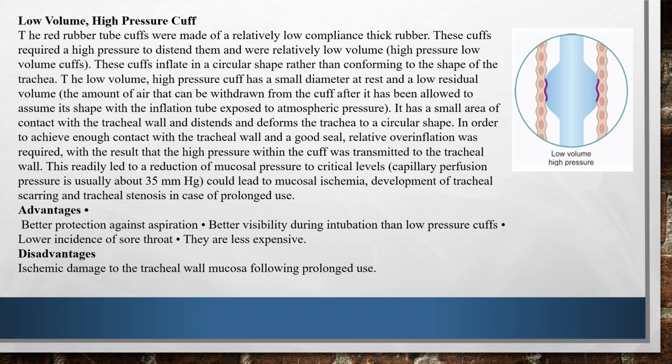First we will discuss the low volume high pressure cuff. As the name suggests, in this type of cuff the volume will be low and the pressure will be high.